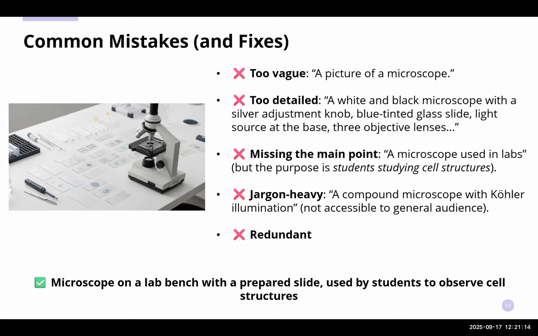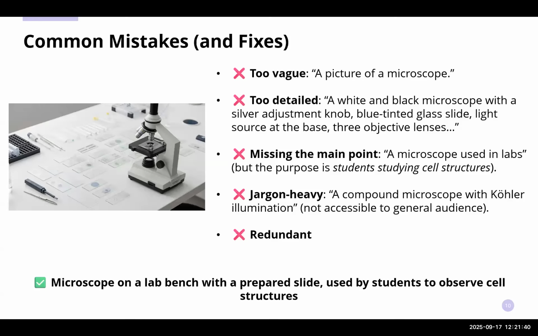On the other hand, going too far, like a white and black microscope with a silver adjustment knob, blue tinted glass slide, etc., just overwhelms the student with unnecessary details, which does not convey any real meaning. Then there are descriptions that miss the main point, like a microscope used in labs.